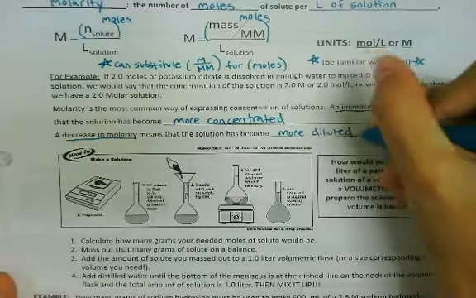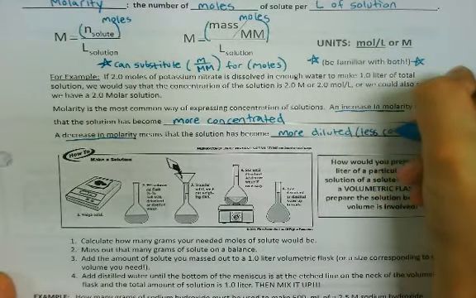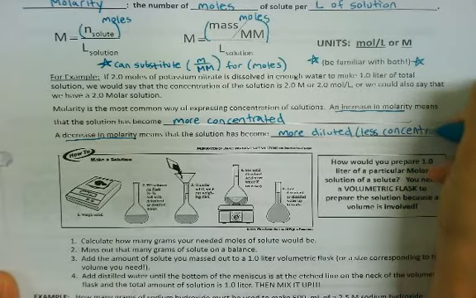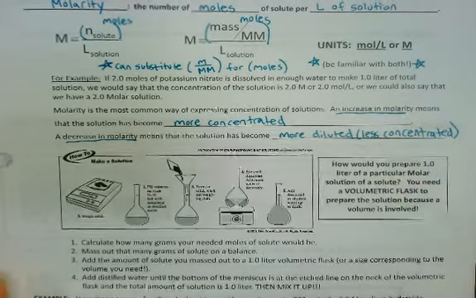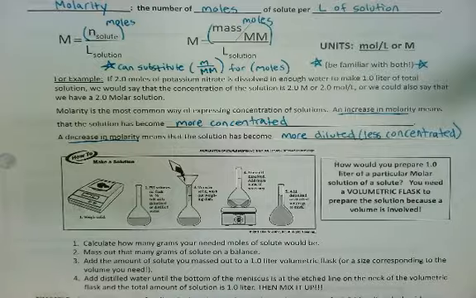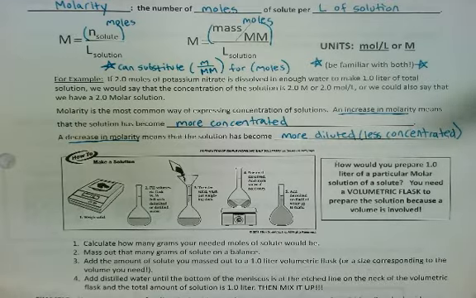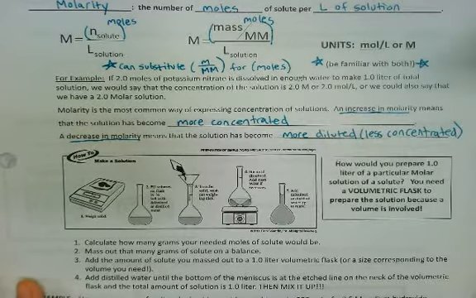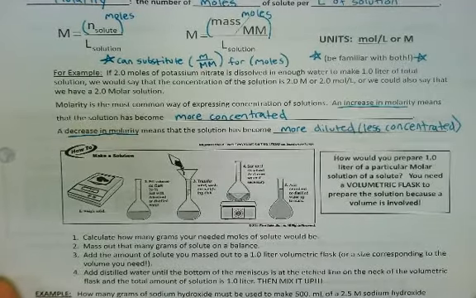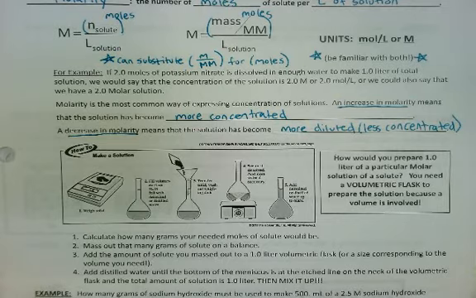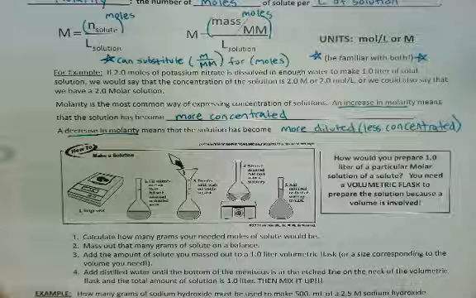More diluted, or less concentrated is another way to say that. But you will often see it referred to as a dilution, or the solution is said to have been diluted to make it less concentrated. So that corresponds to a decrease in molarity. So make sure you have that written down.